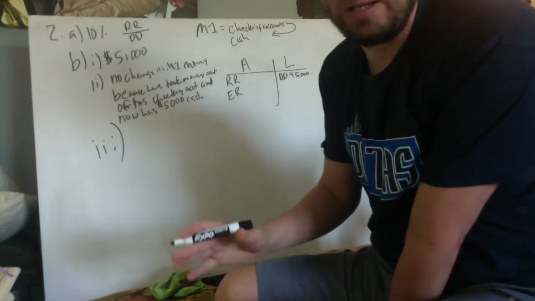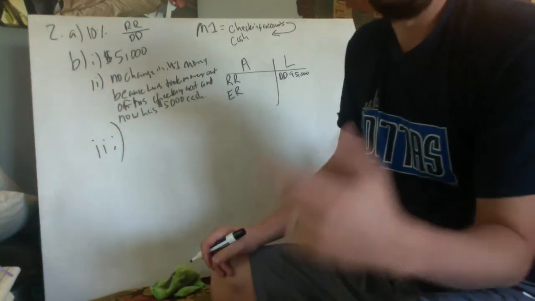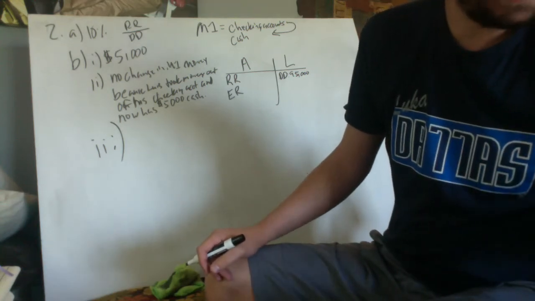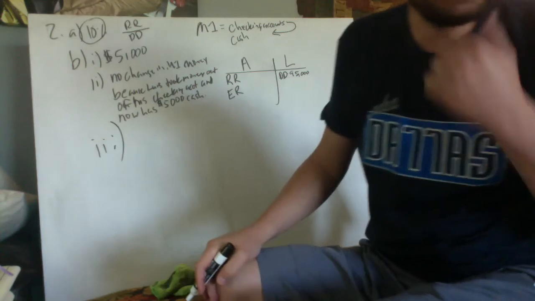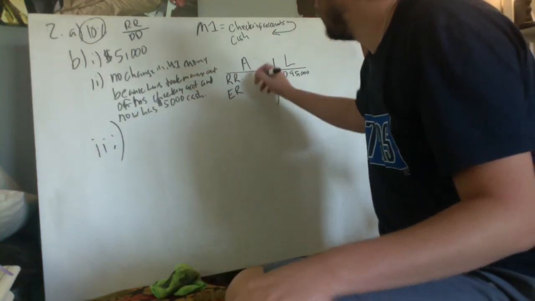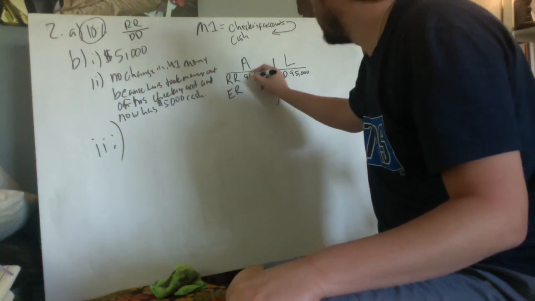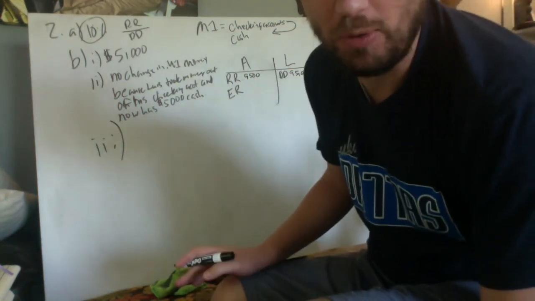So our demand deposits are now 95,000. Now, to figure out the required reserve, if we go up to A and look, our required reserve ratio is 10%, right? So what's 10% of 95,000? Well, it is going to be 9,500. So that's my required reserve.